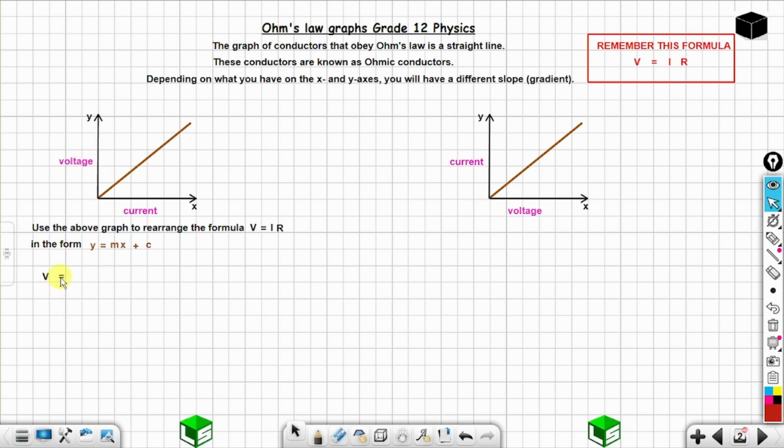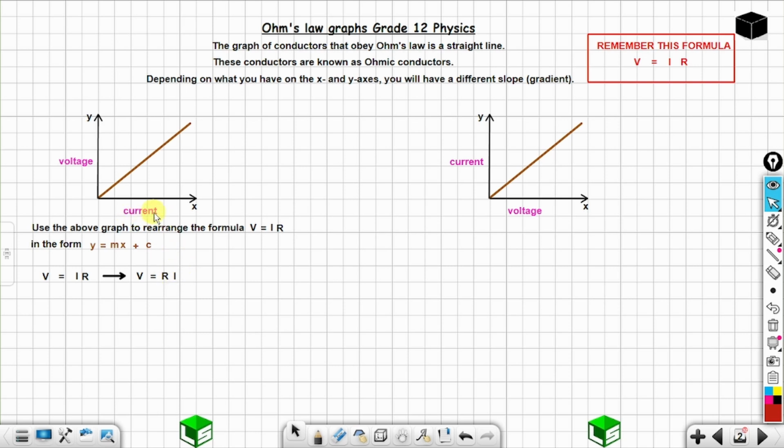This is equal to current times resistance. I can rearrange this so that you can see clearly. So you can see y is equal to V, on the y-axis you have V. m is equal to R. x is equal to I, the current.